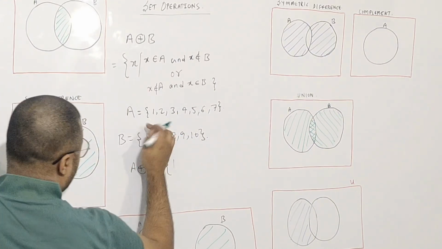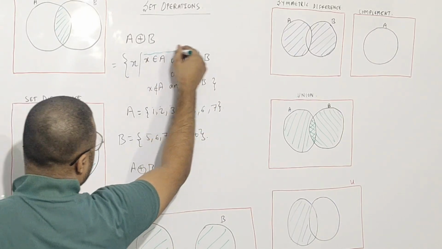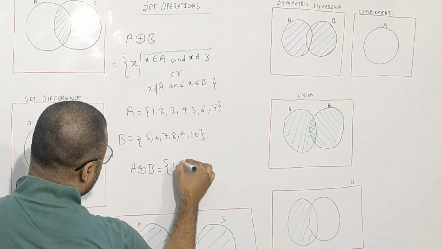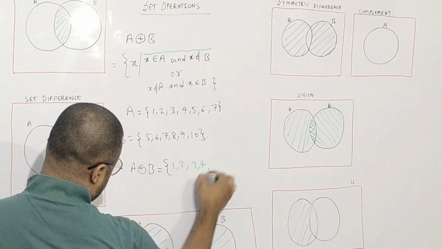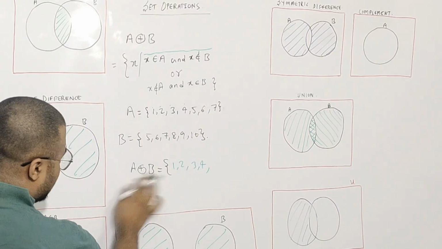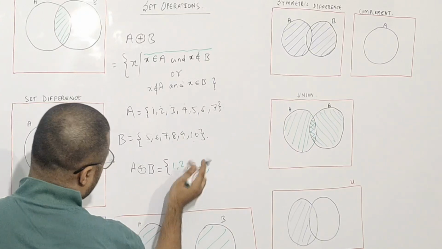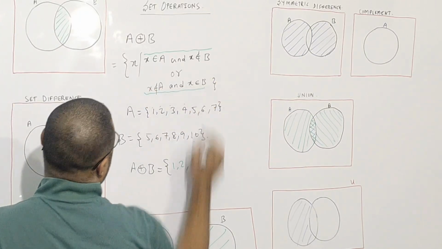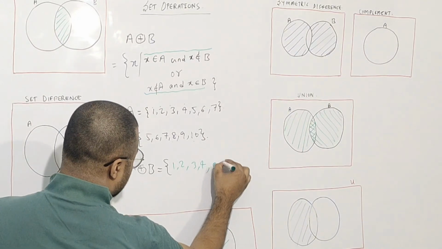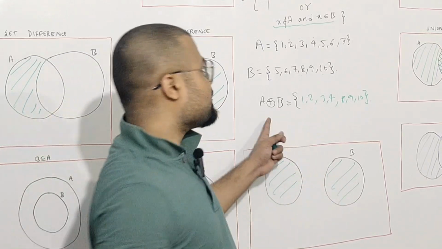For 1, 2, 3, 4, these conditions are fulfilled, so they will be a part of it. 1, 2, 3, 4. 5, 6, and 7 are common elements, so they will not be an element in it. 8, 9, 10 fulfill the condition that they don't belong to A but they belong to B. So 8, 9, and 10. So this is what your symmetric difference is.